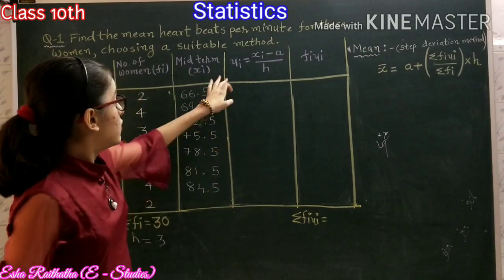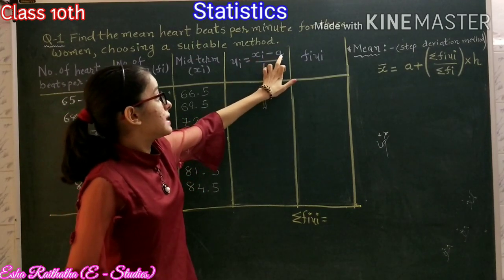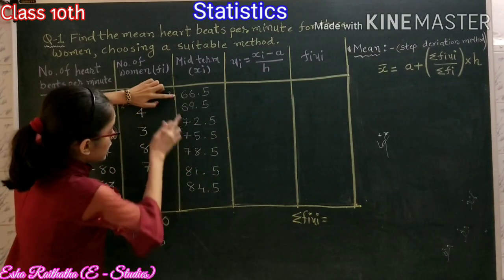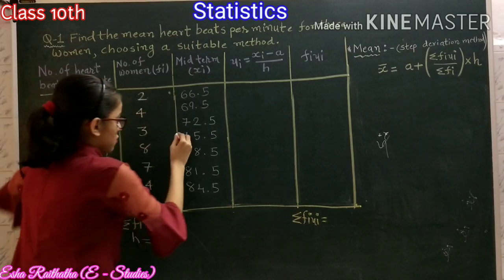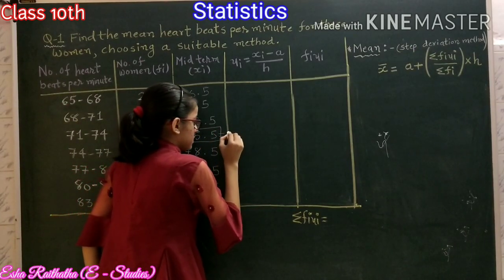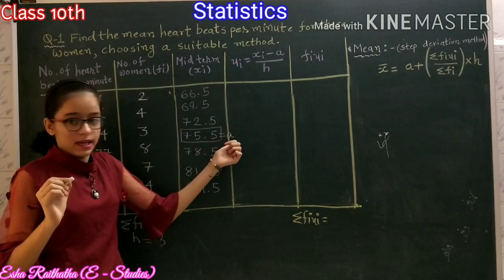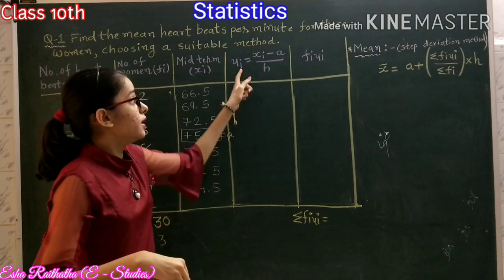Now we will find ui. ui is equal to xi minus a upon h. Now see here, these are 7 numbers and the middle one is denoted as a. We will name it as a. Now a always equals 0 in ui.